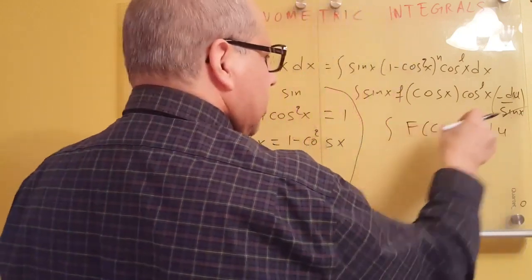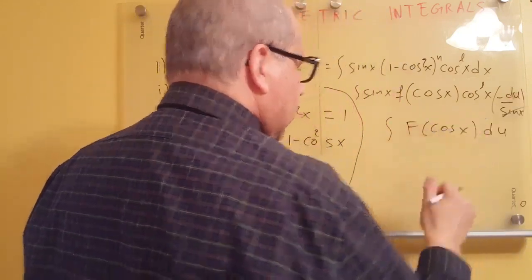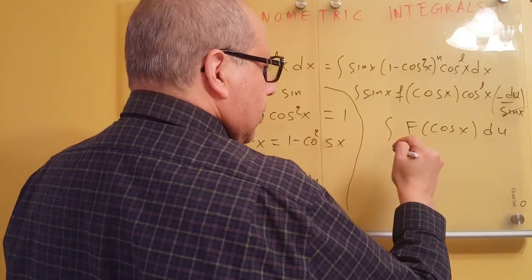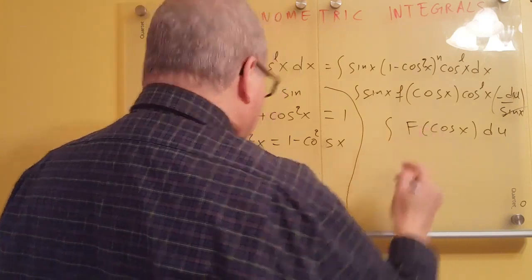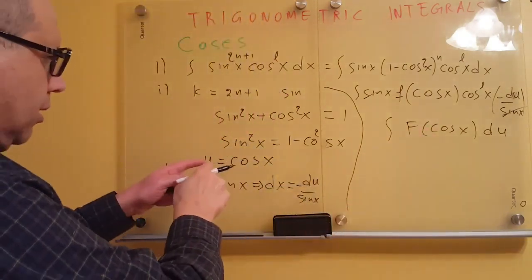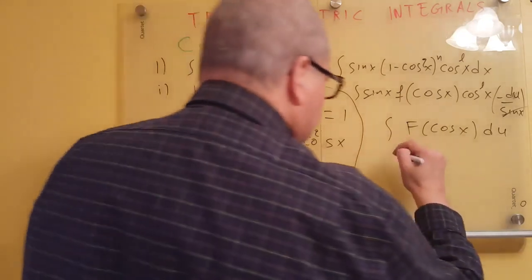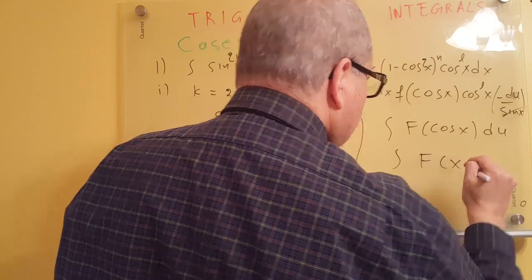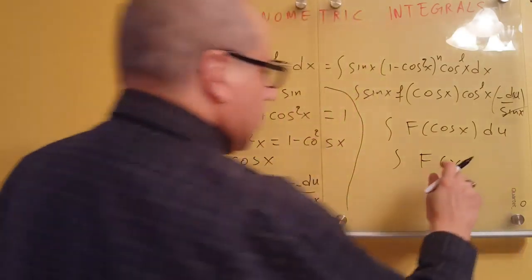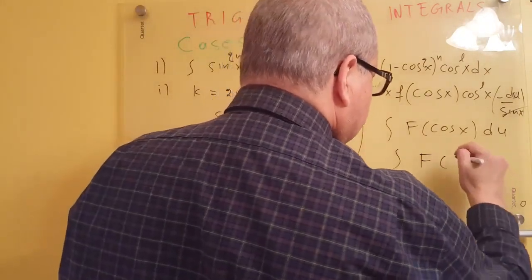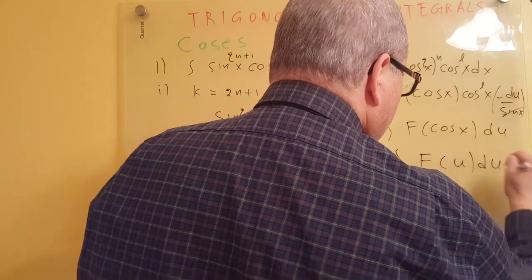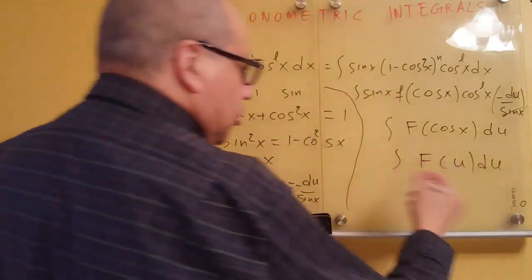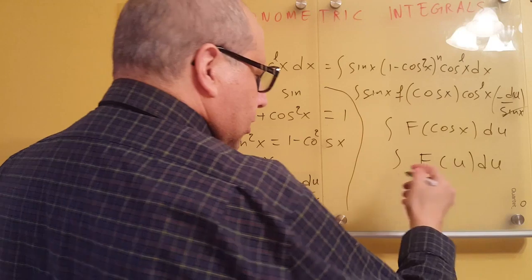The minus can be incorporated here. Because cos x is equal to u, that means you have f of u du.